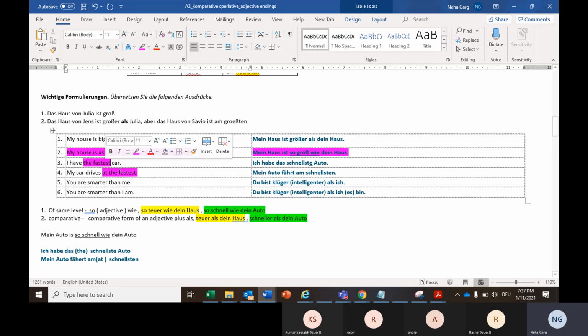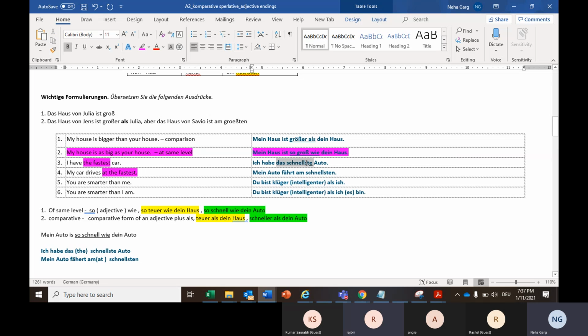So when I say the fastest, it is the case of adjective ending. Like Rajbir, I told you the adjective ending case. So this is something we would be learning later. And here, at the fastest, that means at its peak. So when we are talking about something at its peak, at the best quality of something, then we use am and then adjective and then STEN, the superlative form.